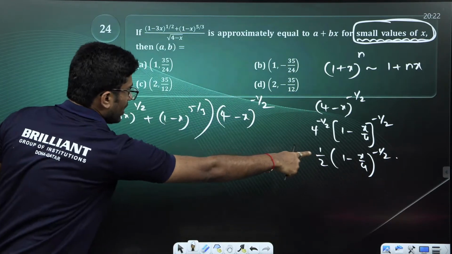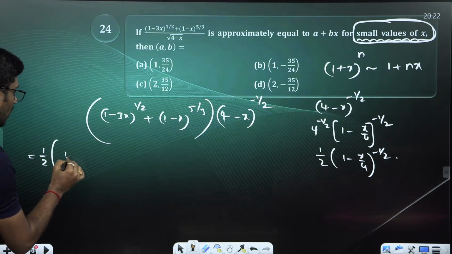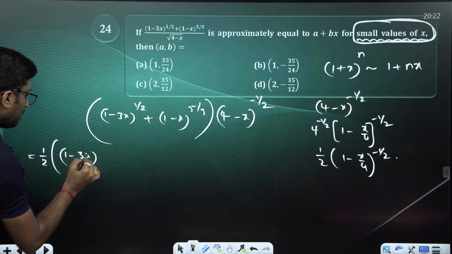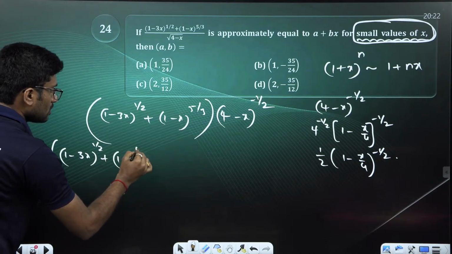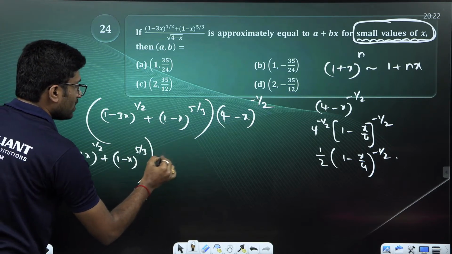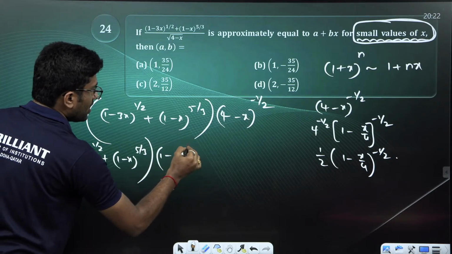Now I would like to write that 1/2 just here: 1/2 into (1 - 3x)^(1/2). Still I have not started solving it. That becomes into (1 - x/4)^(-1/2).